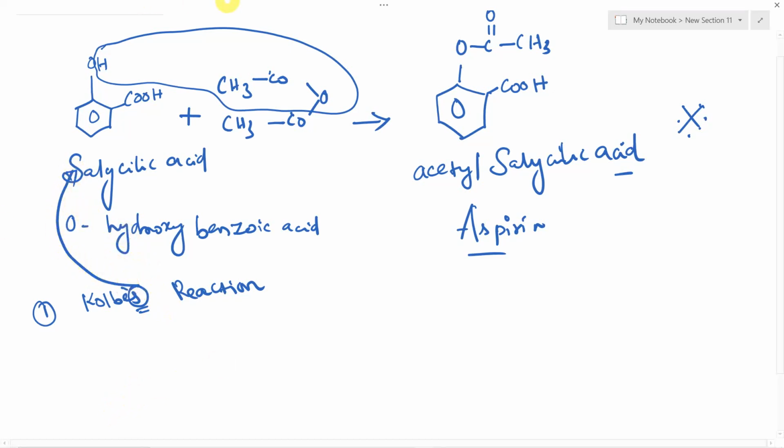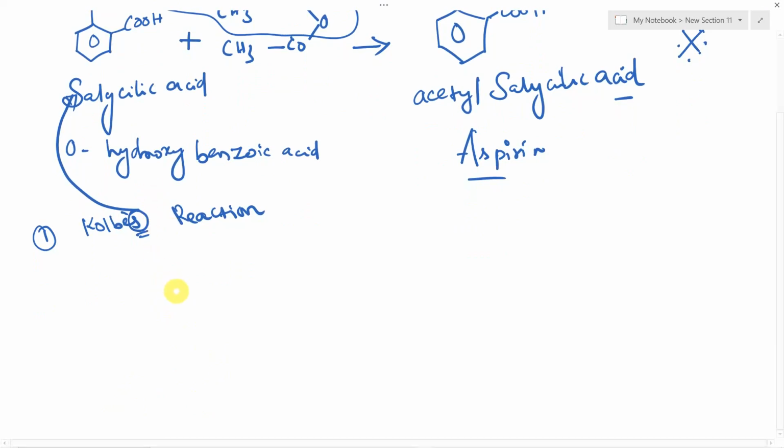That is, salicylic acid is prepared from phenol. Right. So we should take phenol and add NaOH to it.